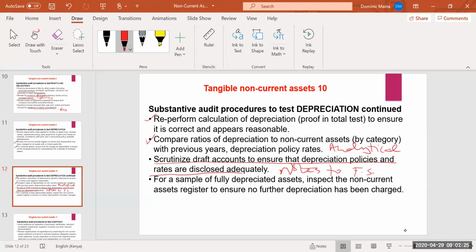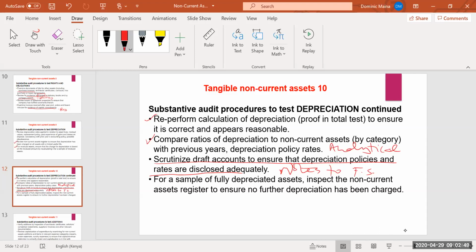You may want to ensure that the company has actually done that in the notes. They have classified all the different assets. We have motor vehicles, and for these motor vehicles we do apply the straight-line method, we do apply the reducing balance basis. And so there ought to be a good disclosure on the policy the company is using and the rate they use on each of the assets.